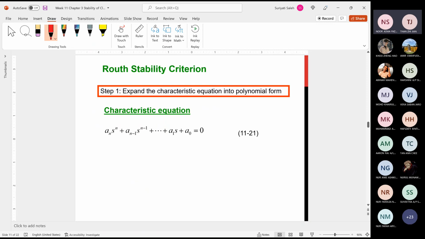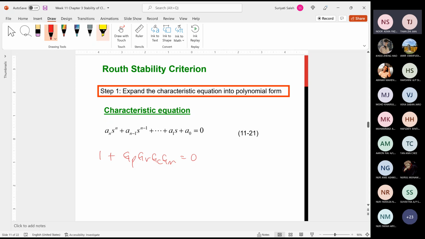First of all, the step involves the expansion of your characteristic equation into polynomial form. Remember that we have 1 plus GP, GV, GC, GM equal to 0.